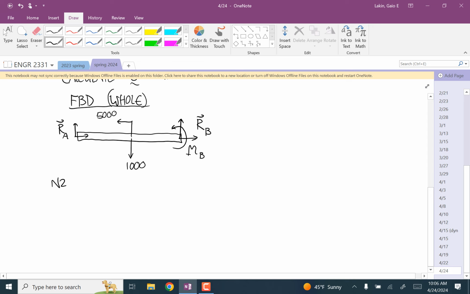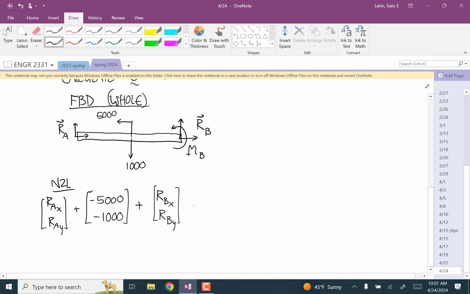And so Newton's second law says RAX, RAY plus negative 5,000, negative 1,000 plus RBX, RBY is equal to 0.